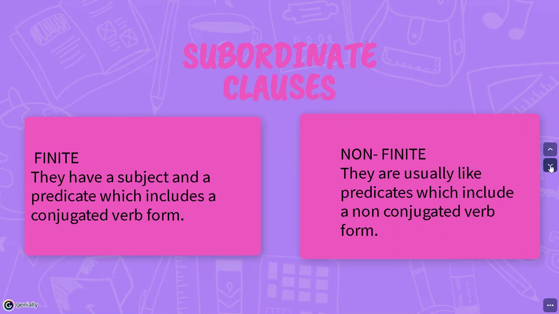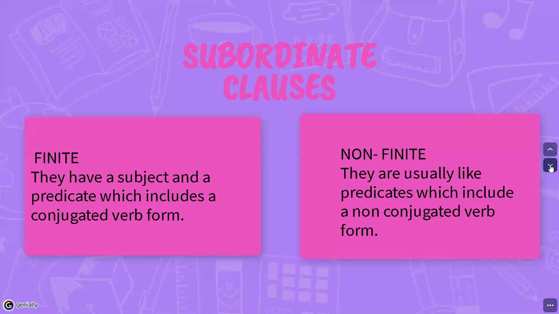For the time being, let me give you an example of a non-conjugated verb form. It could be an infinitive, for example. All right. I said that they are like predicates. They might include a subject, but usually they don't.